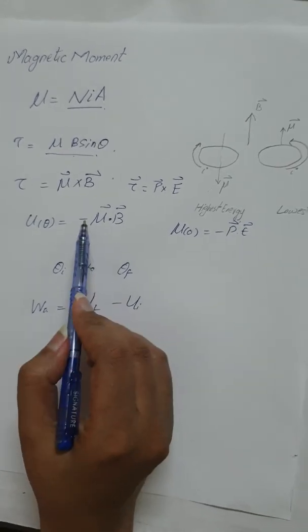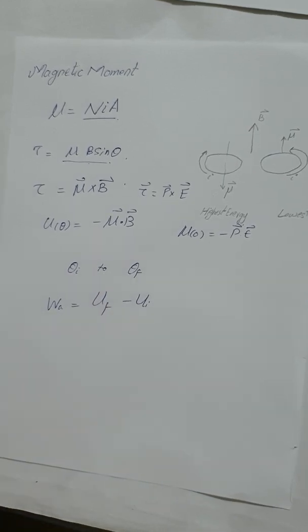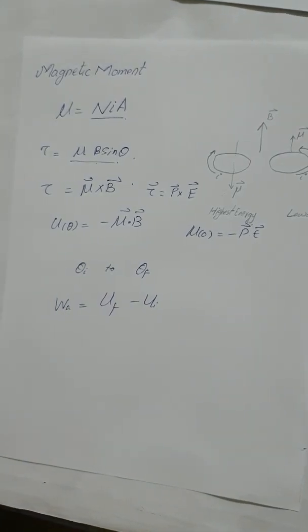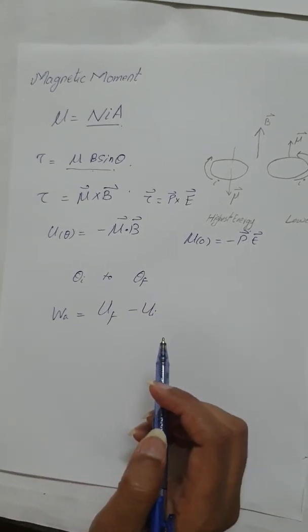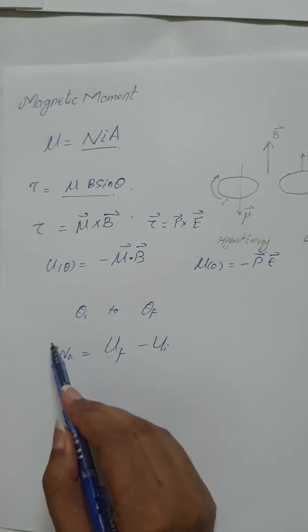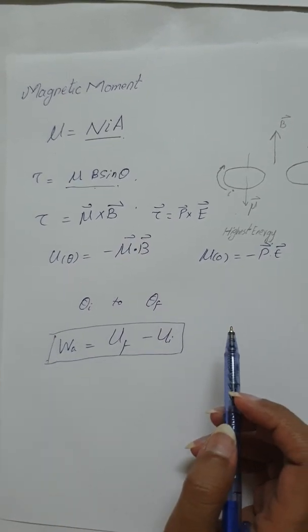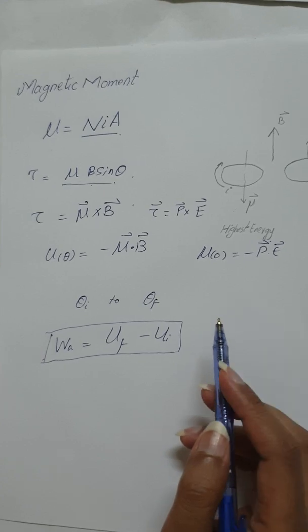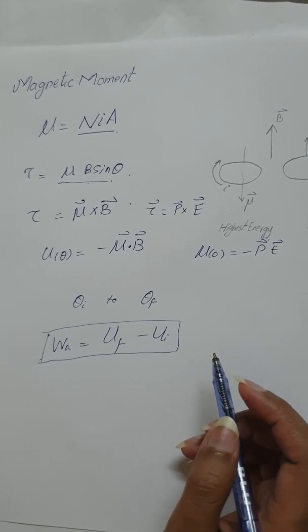So we just write potential energy in terms of work. If the dipole is stationary before and after the change in orientation, then we can write this equation like this. And here U f and U i can be calculated easily.